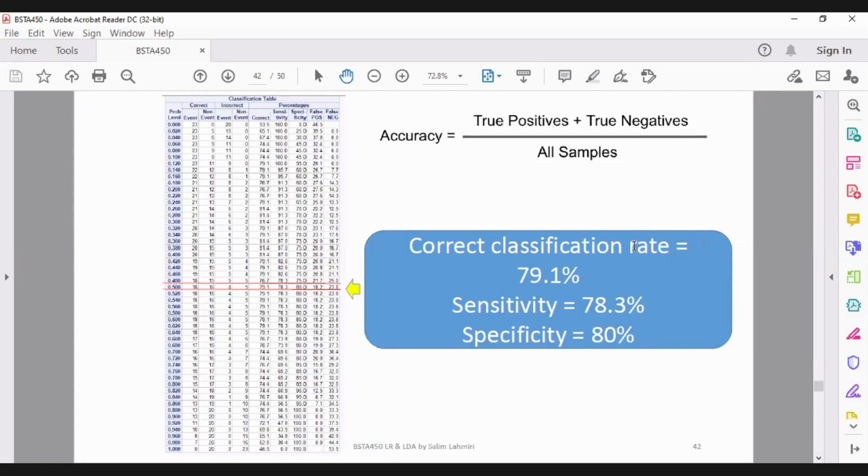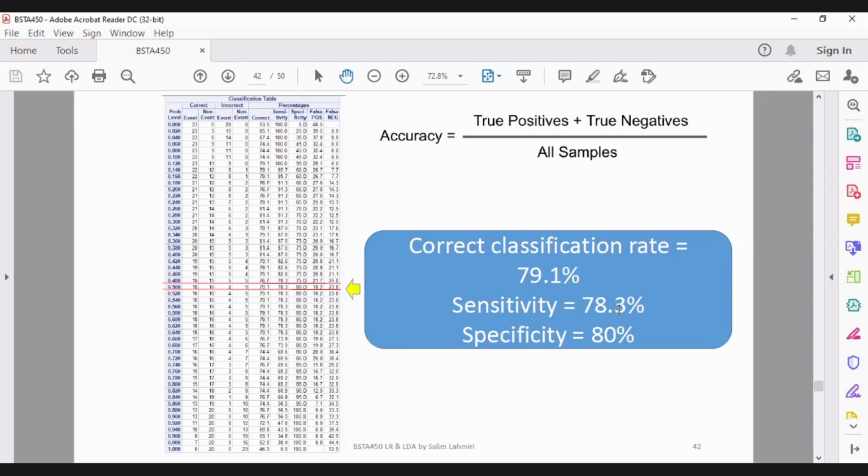Okay, this is an example with cutoff. The probability level is the cutoff, okay? Accuracy is true positive plus true negatives divided by all samples. And correct classification rate is equal to 79.1, okay? This is the correct classification rate. Sensitivity is the ability of logistic regression to detect true positives.